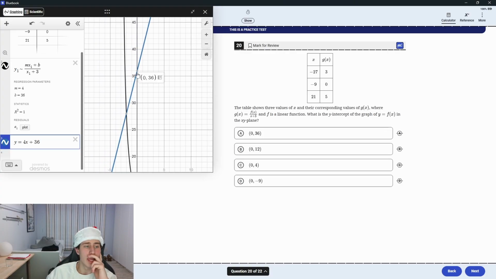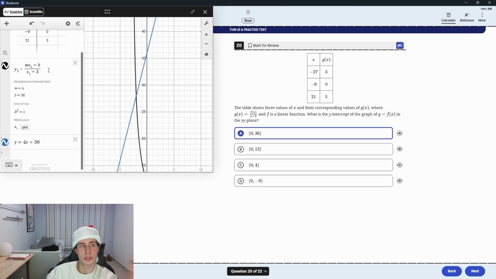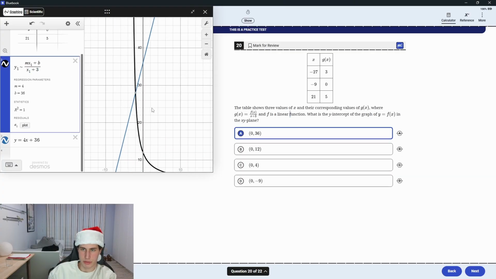And when we graph this, we get that our y-intercept is 0, 36. So essentially what this is giving us is g of x is equal to a linear function over x plus 3, the point's x plus 3.